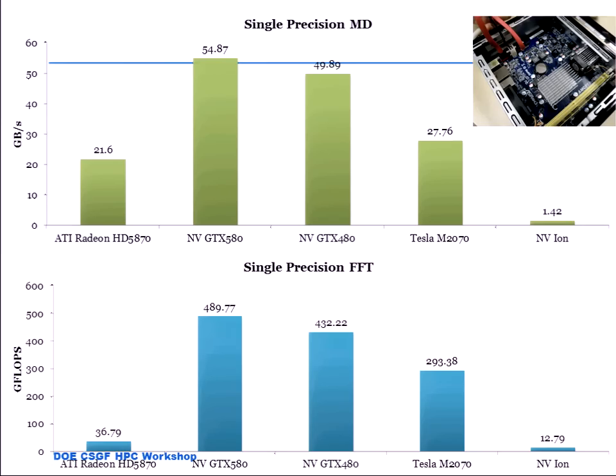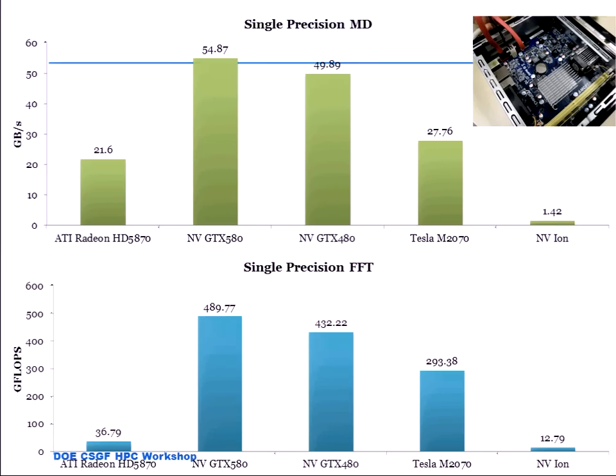So if you look at something today, for example, the single precision molecular dynamics, what you see is these are NVIDIA GPUs on the right. This one is a very low power one that's used in small entertainment types of devices, but it runs CUDA and OpenCL. So you get 1.42 performance on that, but it's a very energy efficient solution. When you go to something like the Fermi that's in the Keeneland system, that bumps up to 27 gigabytes per second in terms of how much data is being transferred back and forth.